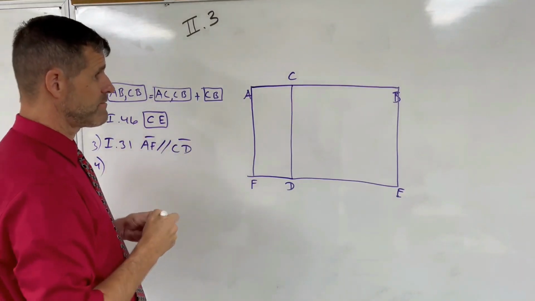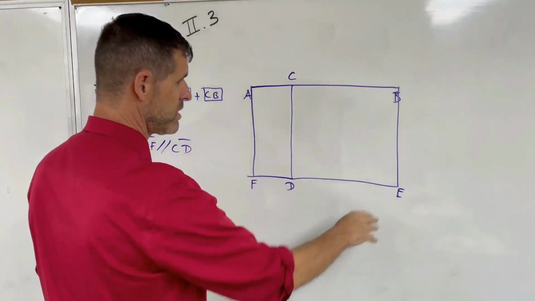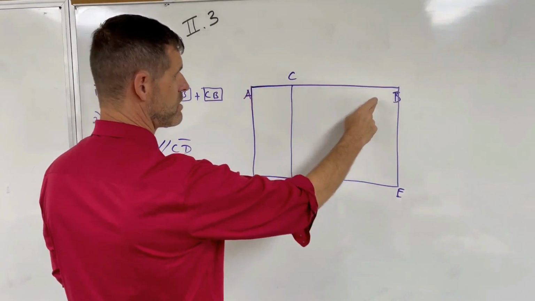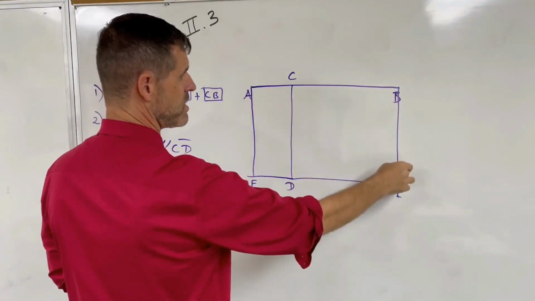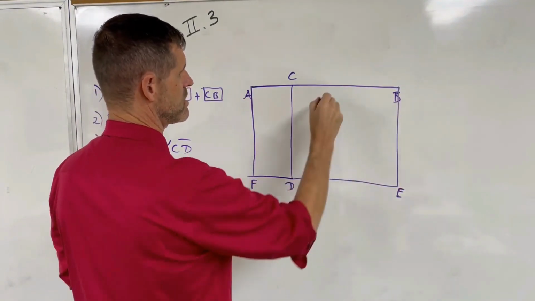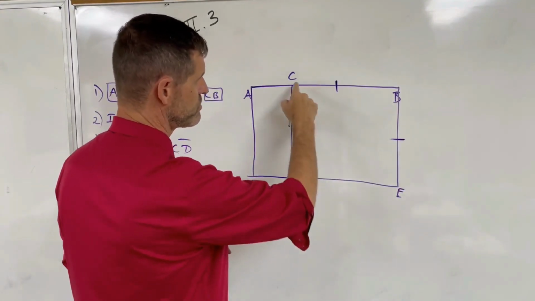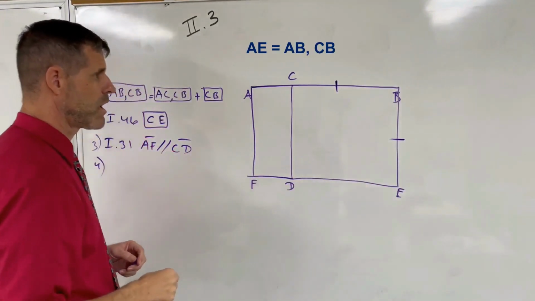Now, the figure AE is really the rectangle AB, CB because BE is a side of the square CDEB, so CB and BE are equal.